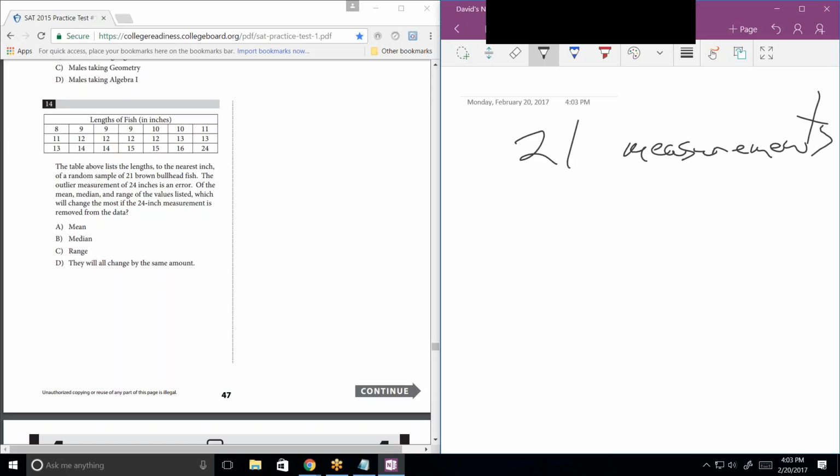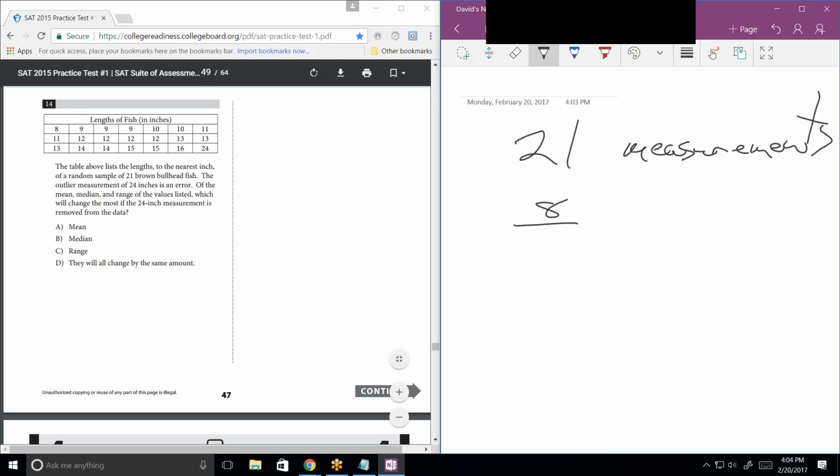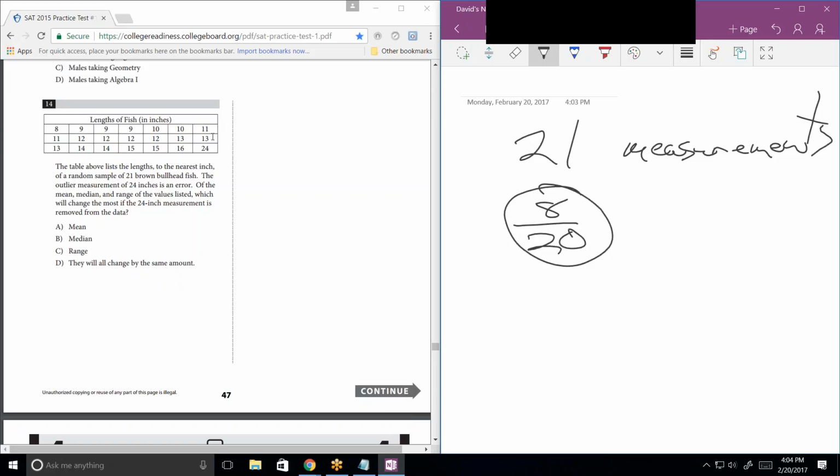Or would it be... I have 20 measurements if I take out the 24, and my mean is going to be somewhere between 8 and 16. So taking out the 24 affects the mean by at least 8/20. In other words, the difference between that 24 and the next lowest number is 16. So I'm going to lose 8. And divided by 20, that's how much I'll affect the mean.